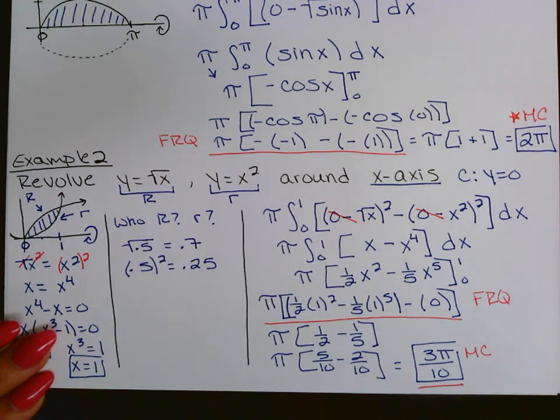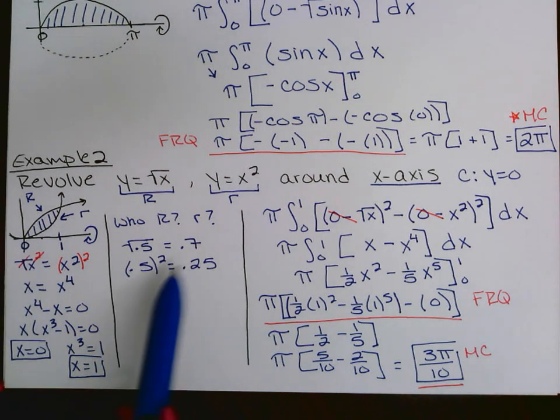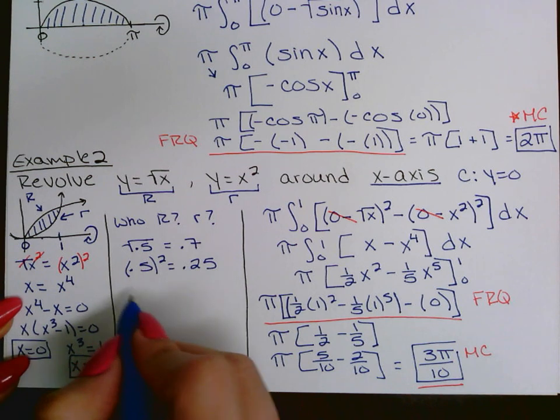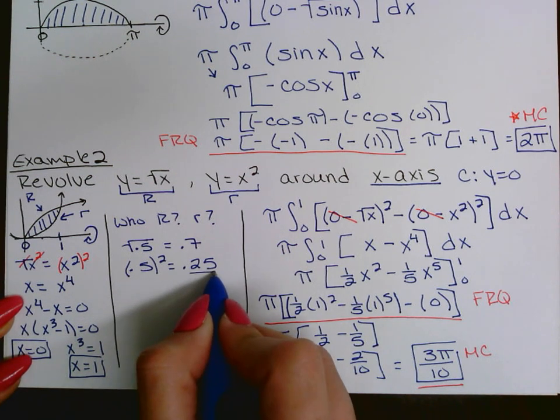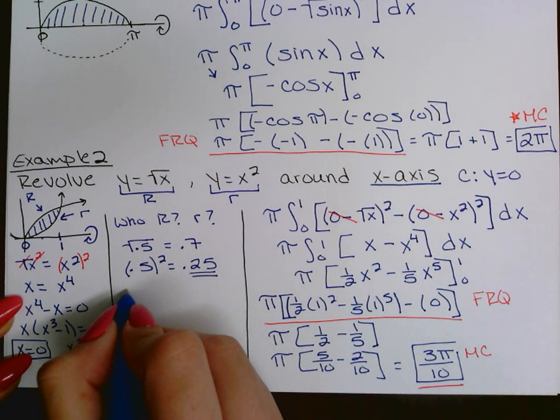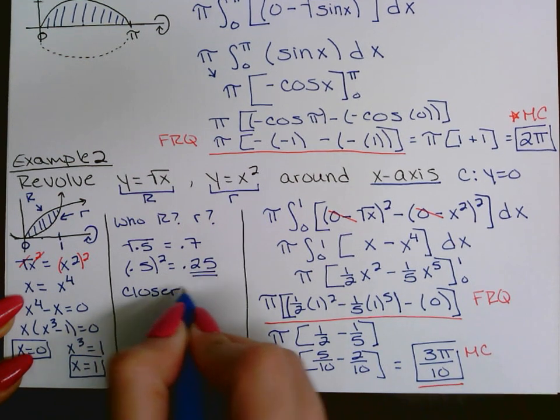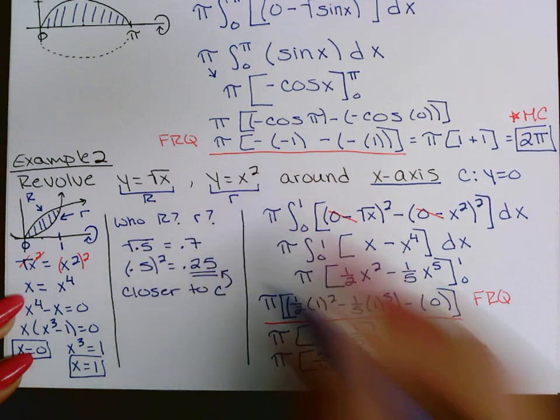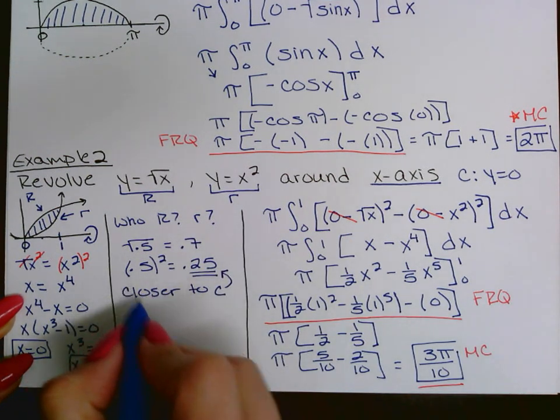0.7, okay? So now you're asking yourself, it's not like when we talked about area, where we talked about top minus bottom, bigger minus smaller. Now we are talking about who is closer and further to C. If C is 0, who is closer to 0? Right, because this is closer to my C. So this would make this one lowercase r.